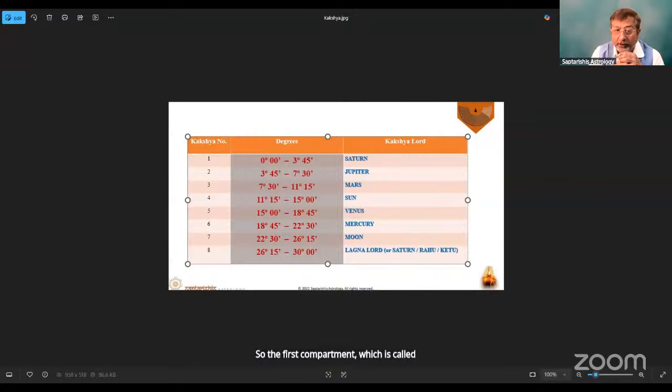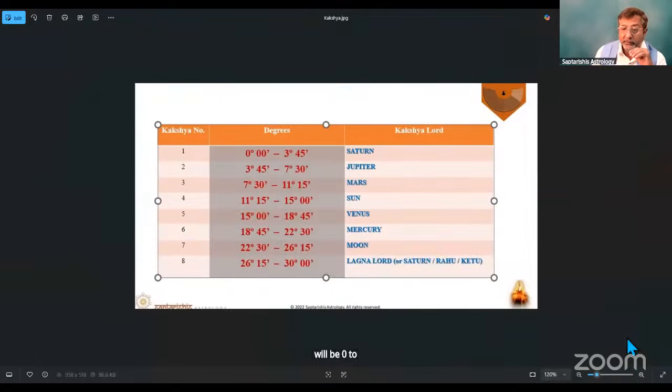So the first compartment, which is called Kaksha, will be 0 to 3.45, and it starts with Saturday. 3.45 to 7.3, the next compartment, will be Saturday minus 2 days, which will be Friday and Thursday. You are going backwards, Hora method.